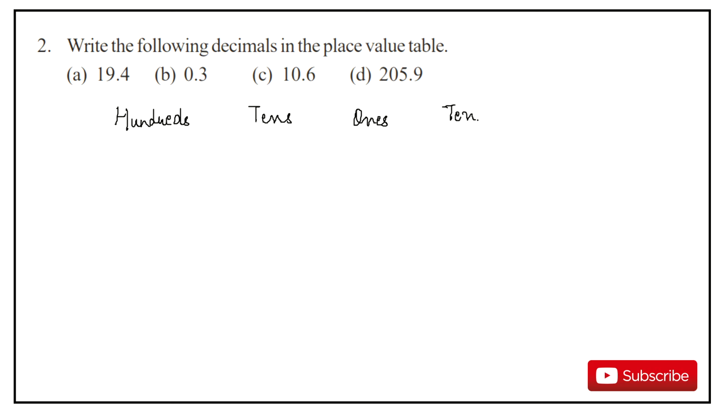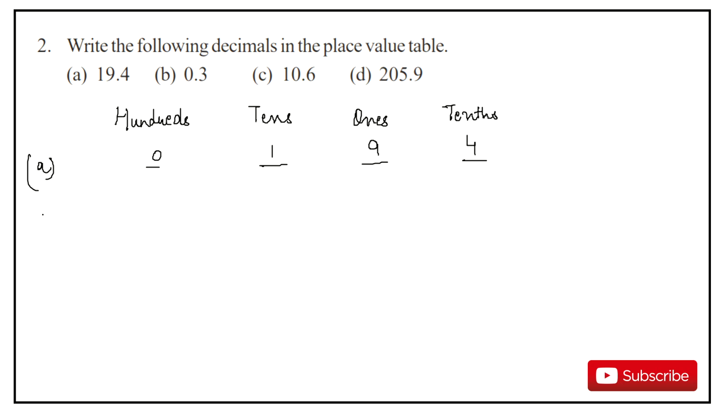Then you start with a decimal point, then tenths, and so on. If I do the first one, in hundreds we don't have anything, so instead of writing a dash we can write 0. Then in tens it's 1, in ones 1, and in tenths we have 4.